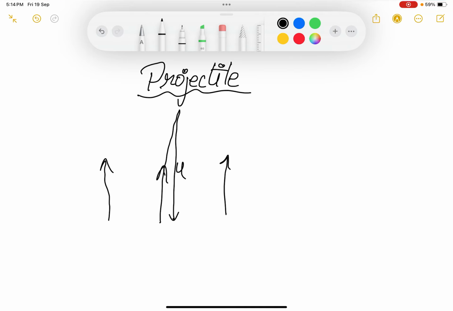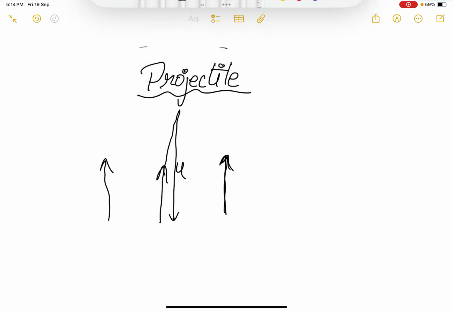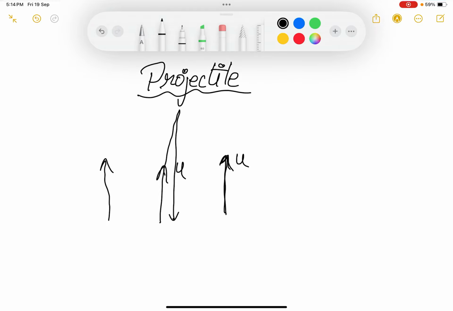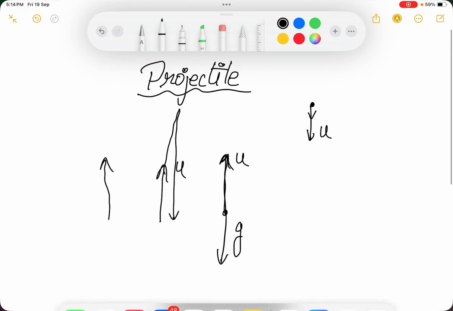Because it moves in a straight line only, because the initial velocity u is in upward direction and acceleration due to gravity acts downward. Or if we drop the ball from up, the velocity will slowly go on increasing in downward direction and acceleration due to gravity is also g. So the object moves in a straight line in this motion only.